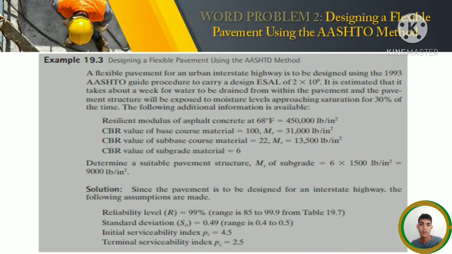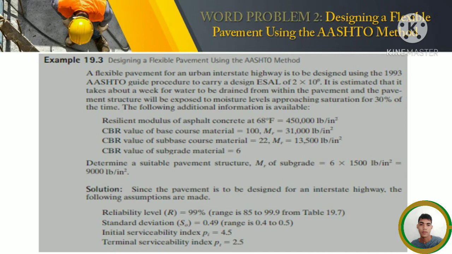The resilient modulus is 13,500 pounds per square inch, and another CBR value, this time for subgrade material, is 6. And so the question is, determine a suitable pavement structure.